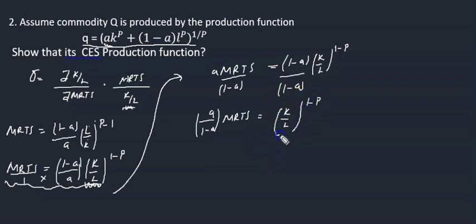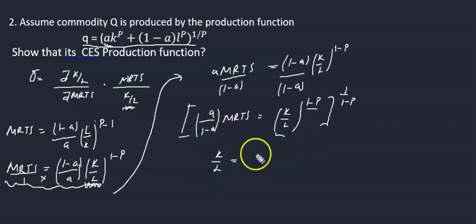We're interested in making this the subject, so we need to get rid of the power. So we're going to say 1 over 1 minus b, multiplying by the reciprocal of that so that it cancels. We remain with k over l. I'm just interchanging, writing the k on the other side, then this one on the other side as well.